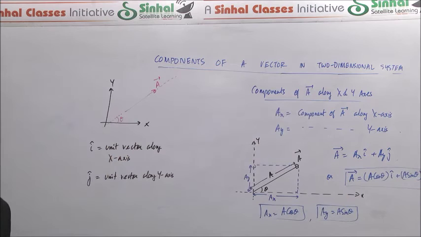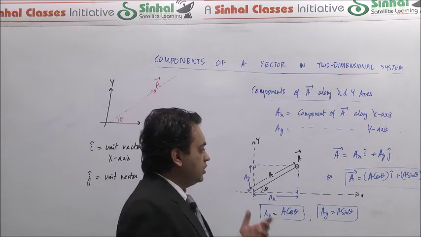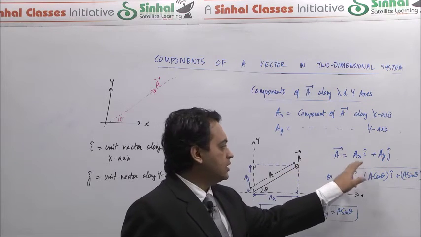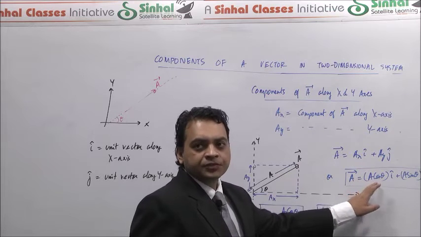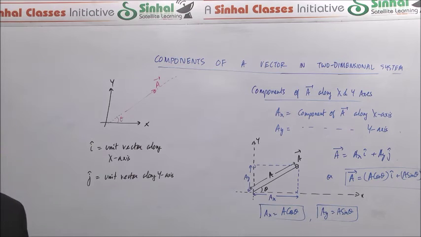Okay, so this becomes a very simple way of expressing the components of the vector A along the x and y axis, that is AX and AY, provided we know the magnitude of the vector A and we know the angle that the vector A is making with the x-axis, which is theta in this case.